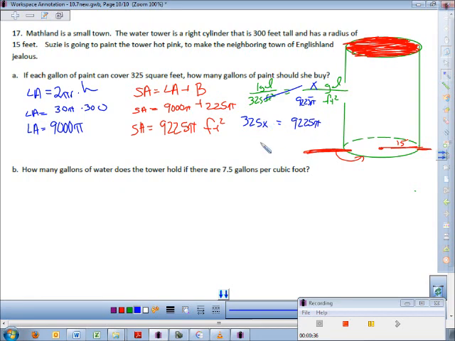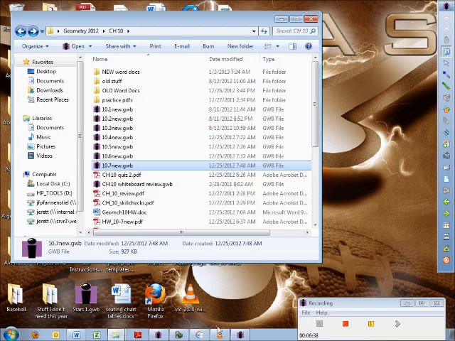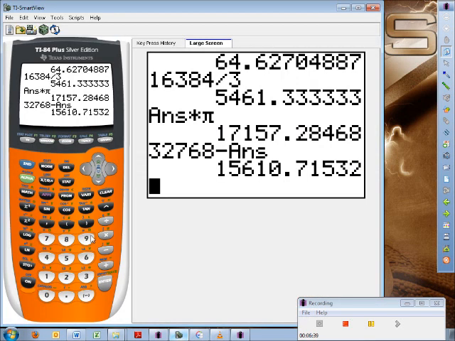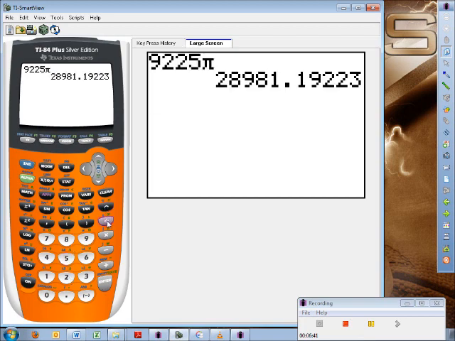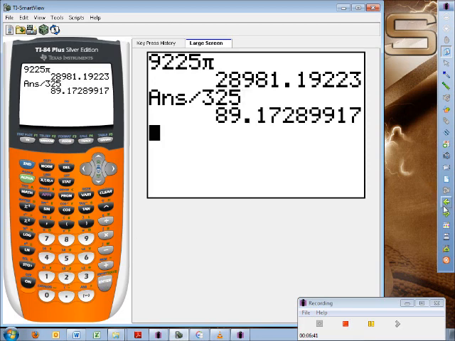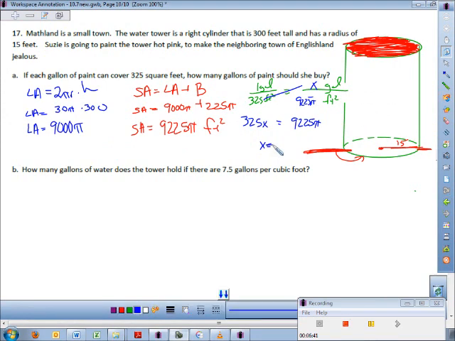To solve for x, you would divide both sides by 325, and to the calculator I go. 9,225 pi divided by 325 needs about 89.2 gallons of paint. But you can't go to the hardware store and buy 89.2 gallons of paint, so she's going to buy 90 gallons of paint.